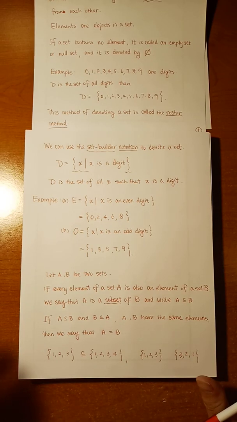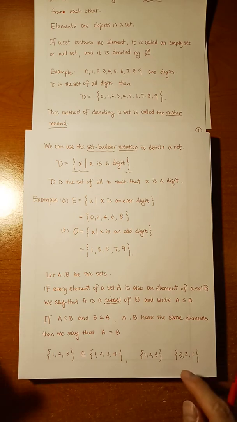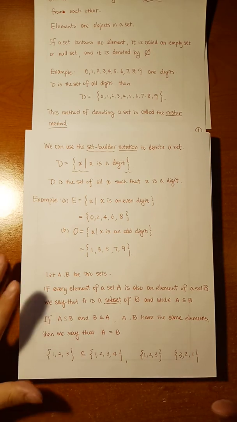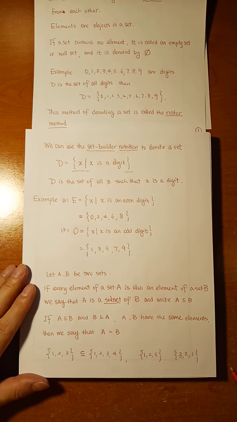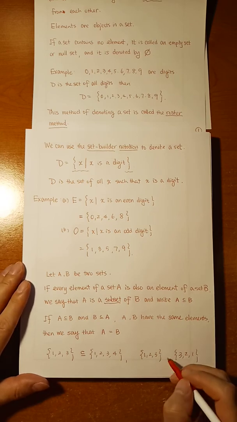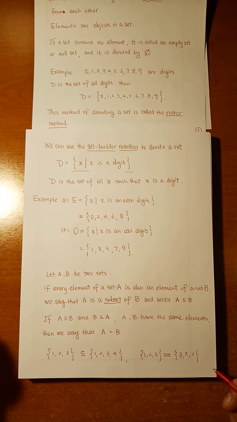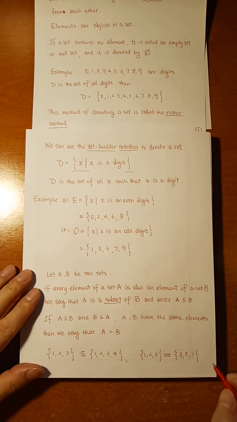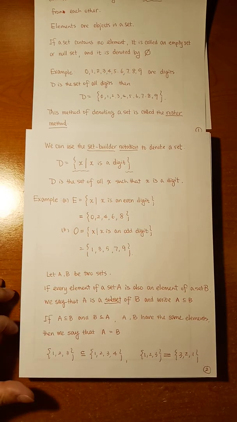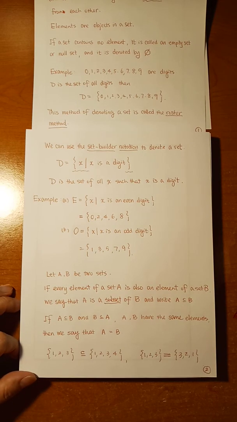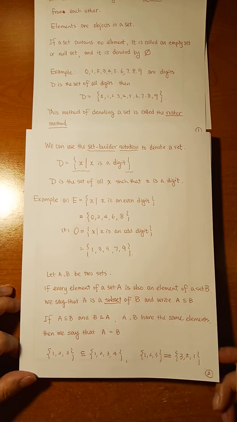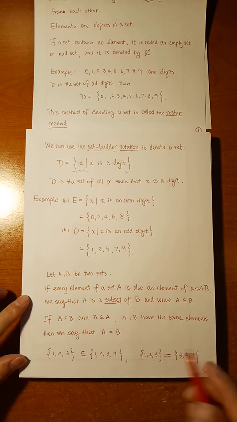There's no order. You can put 1, 2, 3, 2, 1, 3, 3, 1, 2, whatever order. We just care what elements are inside or outside. Okay, so because of this, these two sets are equal. They share the same identical elements, so they are equal. All right. So subset and equal.